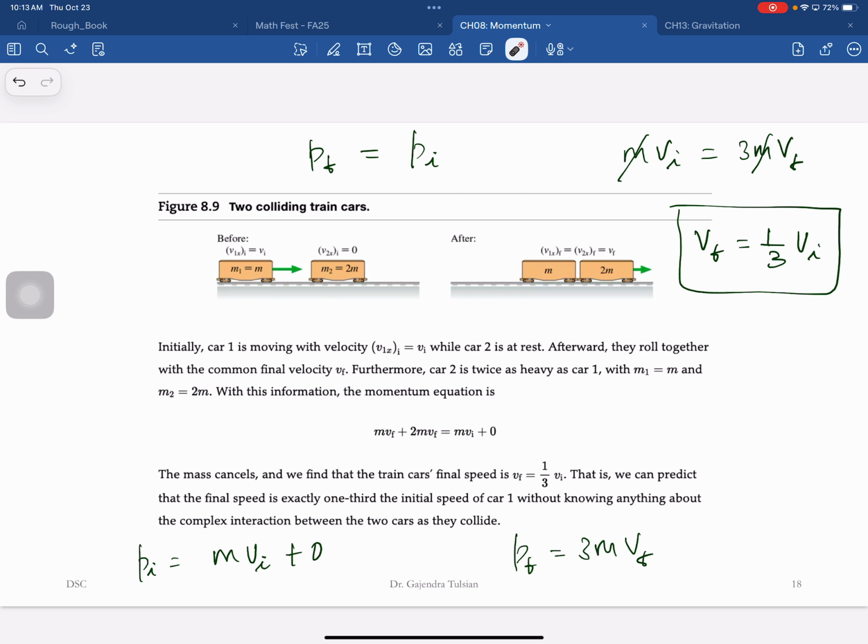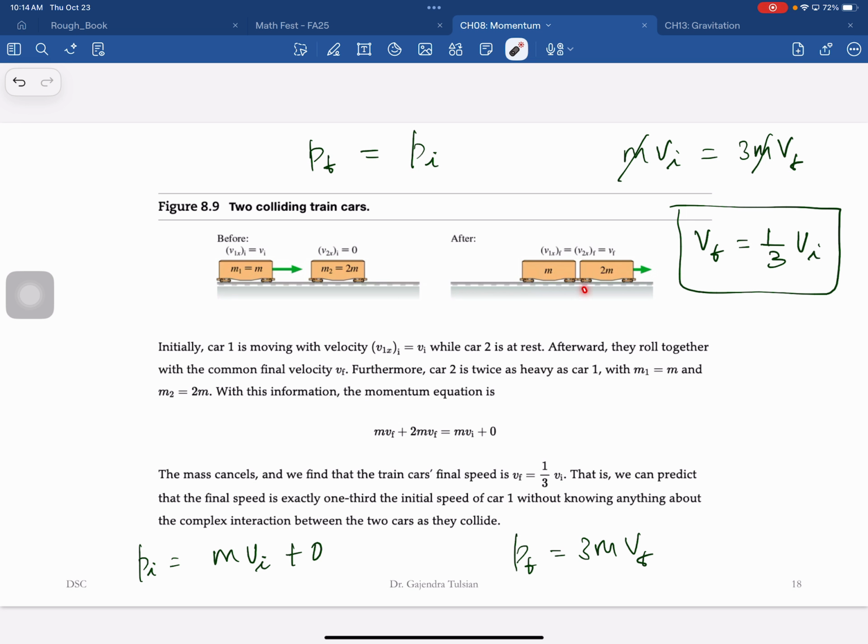When this one is twice the mass of this one, the final velocity is 1/3 the initial velocity. If this was going at 30 miles an hour, this is going at 10 miles an hour. If this is going at 90 miles an hour, this is going at 30 miles an hour.